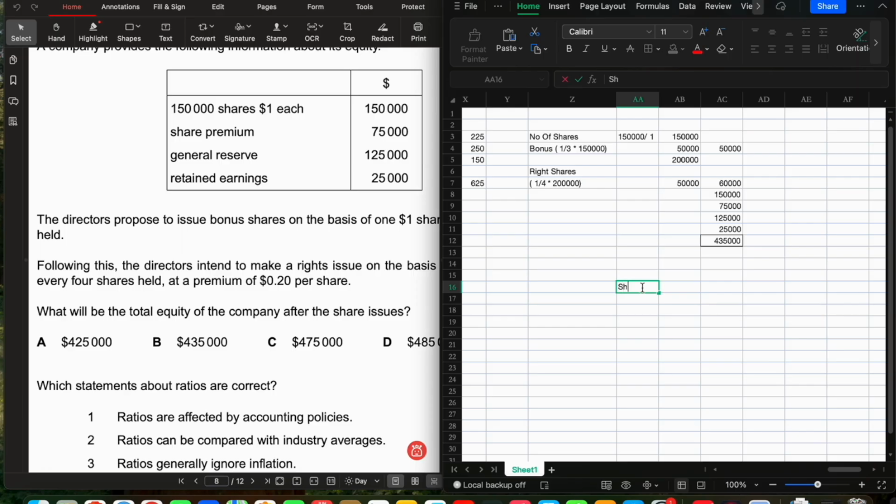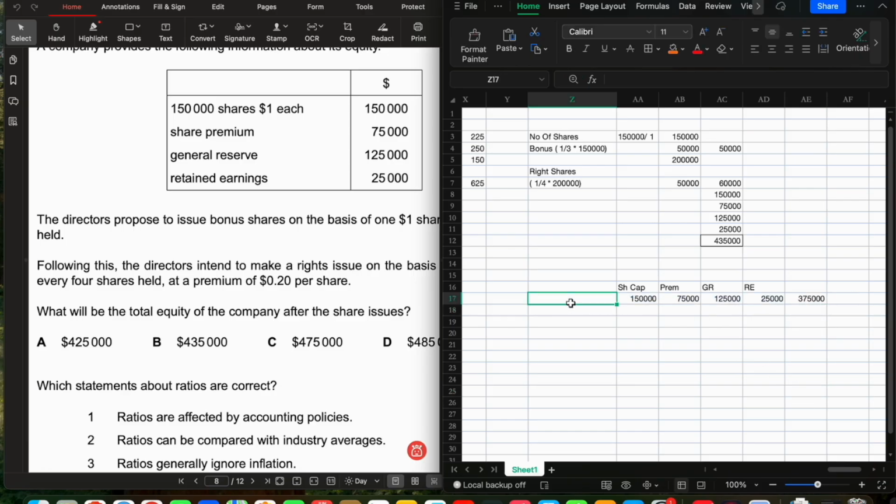Okay, this is your shares, this is premium, this is your general reserve, and this is your retained earnings. Shares are 150,000, then share premium is 75,000, then general reserve is 125,000, and retained earnings are 25,000. Just calculate the total out here.